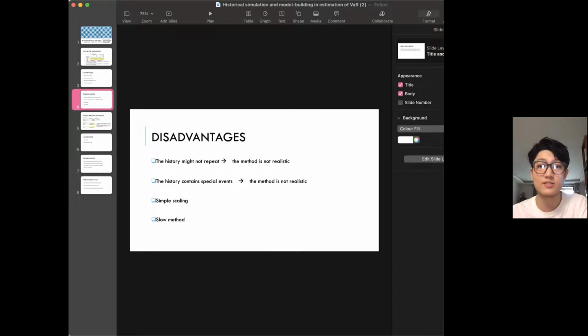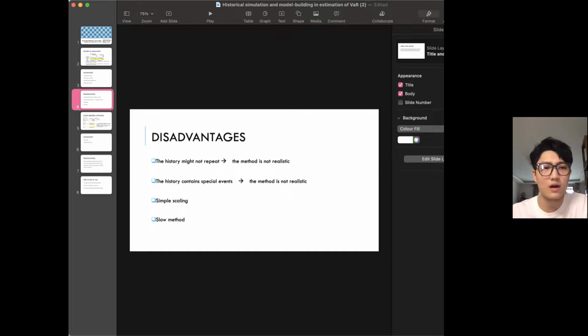Going on to the disadvantages. First, we assume the historical data will repeat, which may not be realistic. Second, the period used may contain extraordinary events such as a financial crisis, which may also not be realistic.